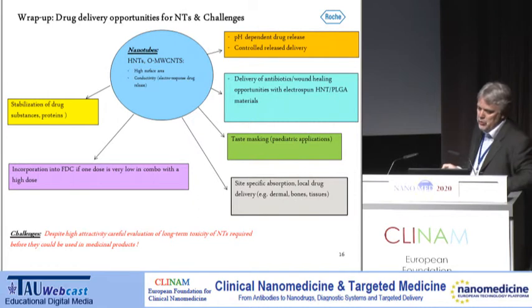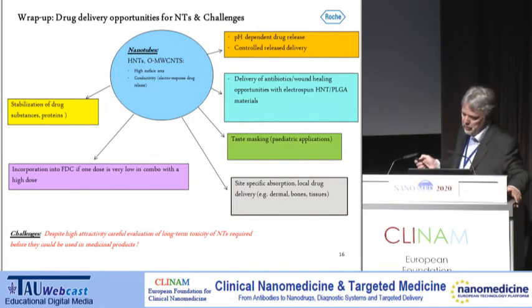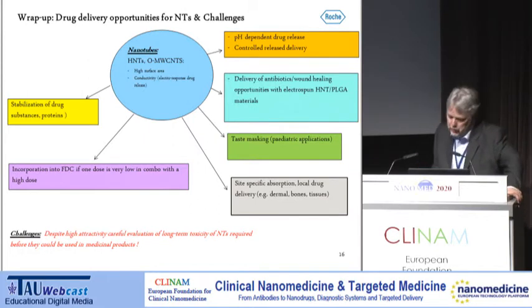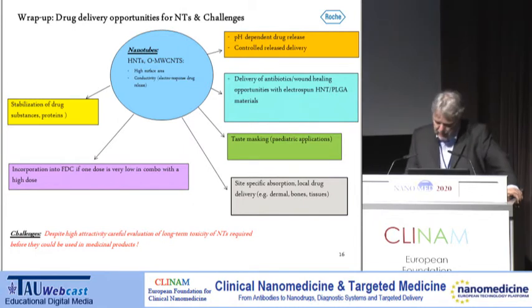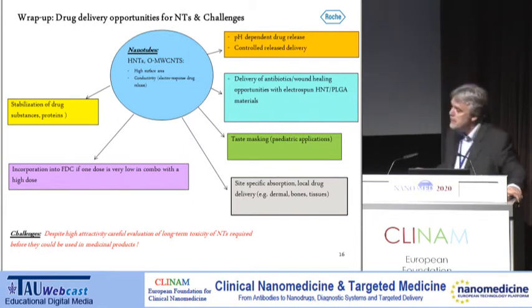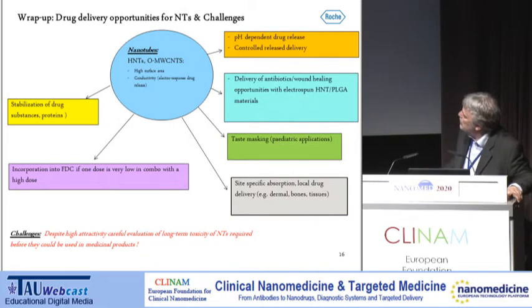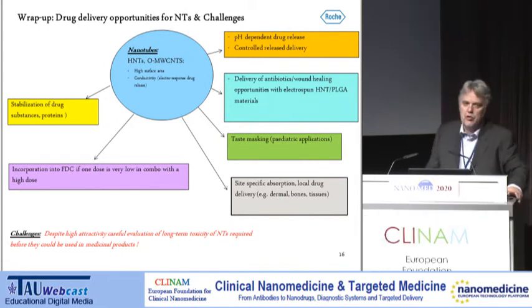It could be used for pH-dependent drug release, controlled release delivery, what I've shown, delivery of antibiotics, these wound healing opportunities. Taste masking could be interesting for pediatric or geriatric application. Site-specific absorption, so with dermal applications in bones and tissues. And it could help to incorporate a very low dose in a fixed-dose combo product.